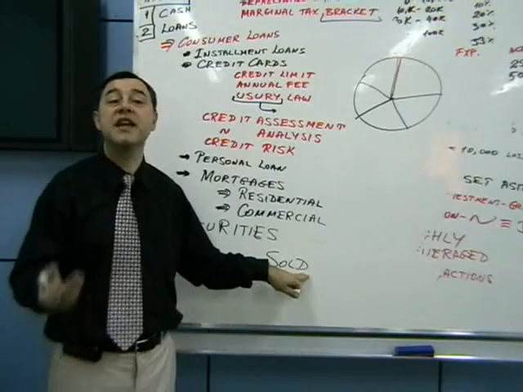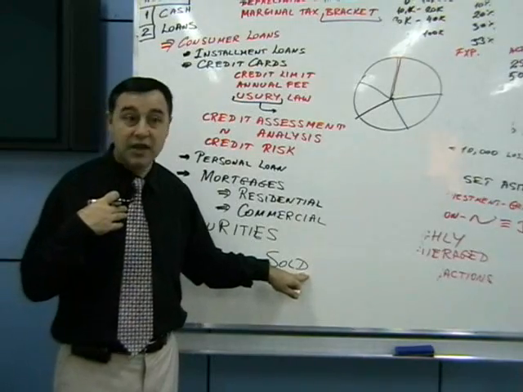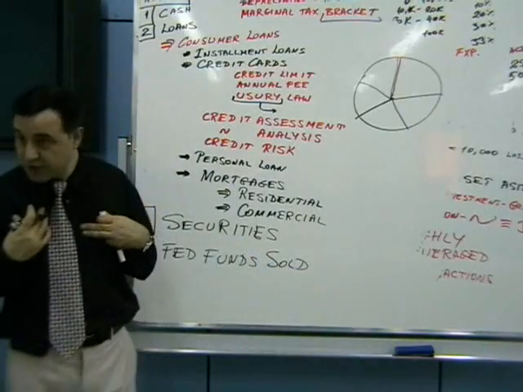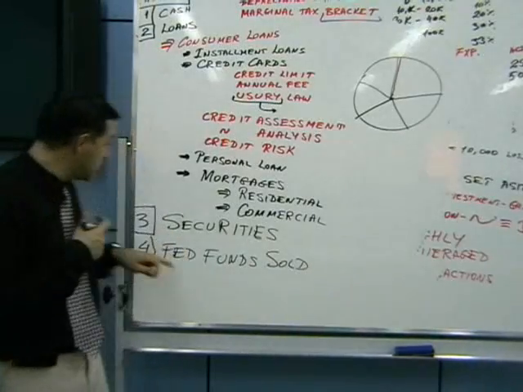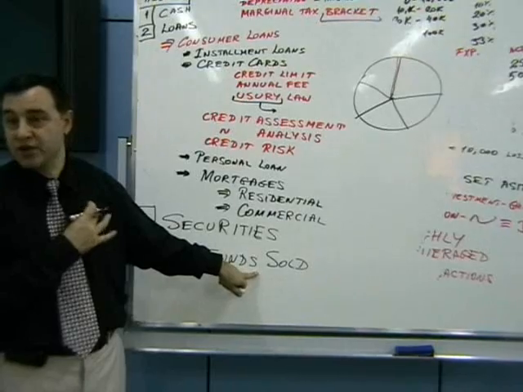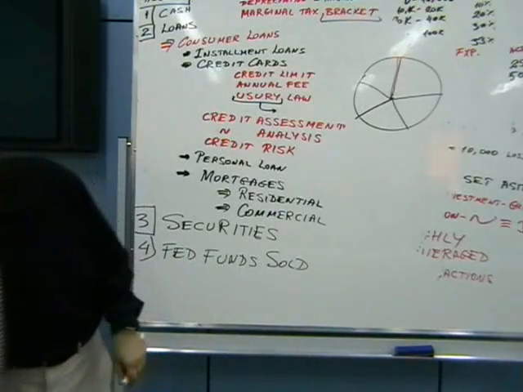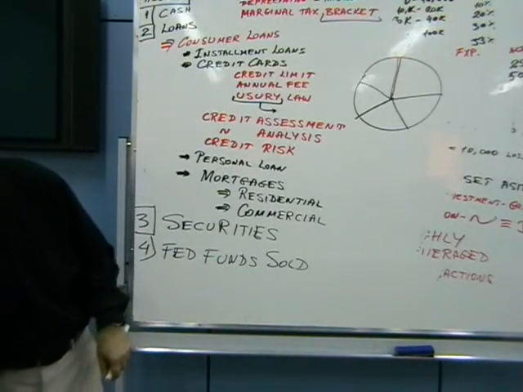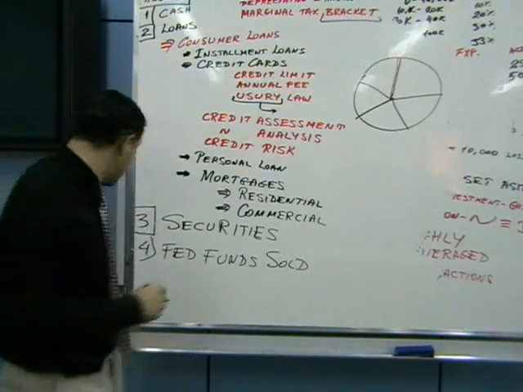It represents a loan of one commercial bank to another commercial bank of its Fed funds, of its deposit at the central bank, for minimum reserve requirement, usually transaction fees and whatnot.